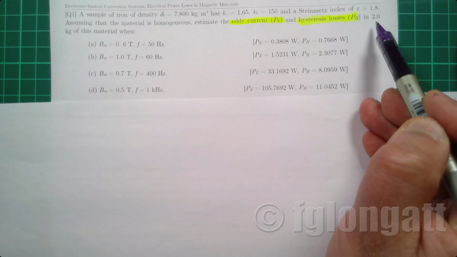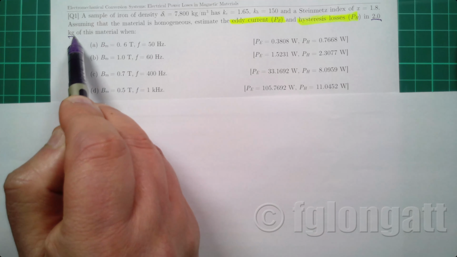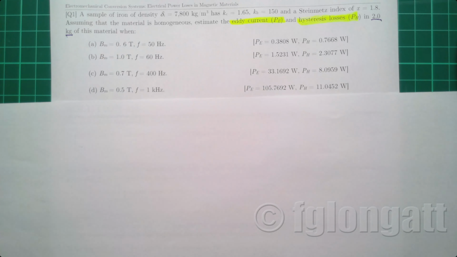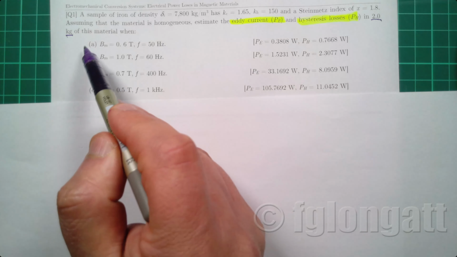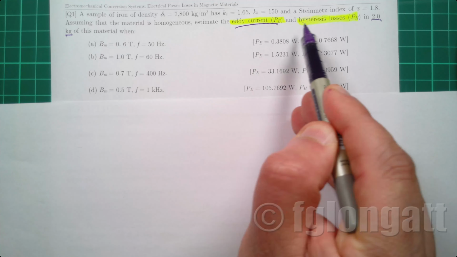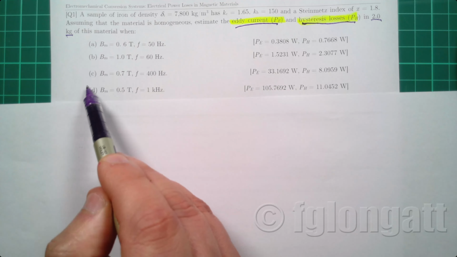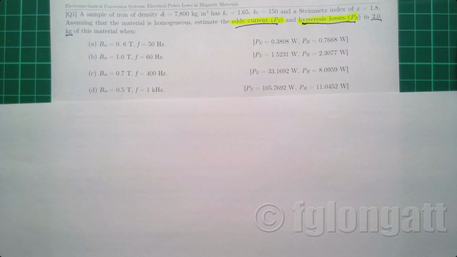And we know also that this sample is basically a 2 kilogram sample of iron. Now we want to calculate the eddy current losses and the hysteresis losses in 4 different cases.